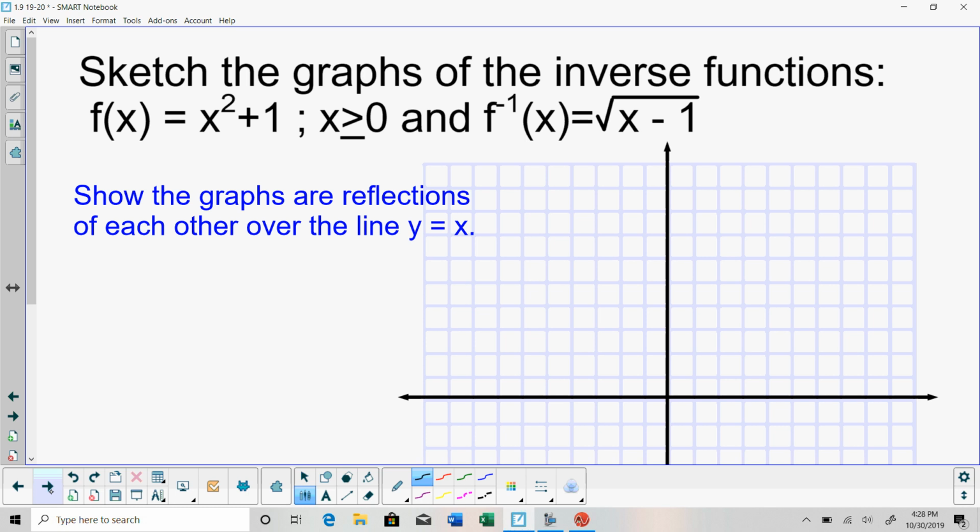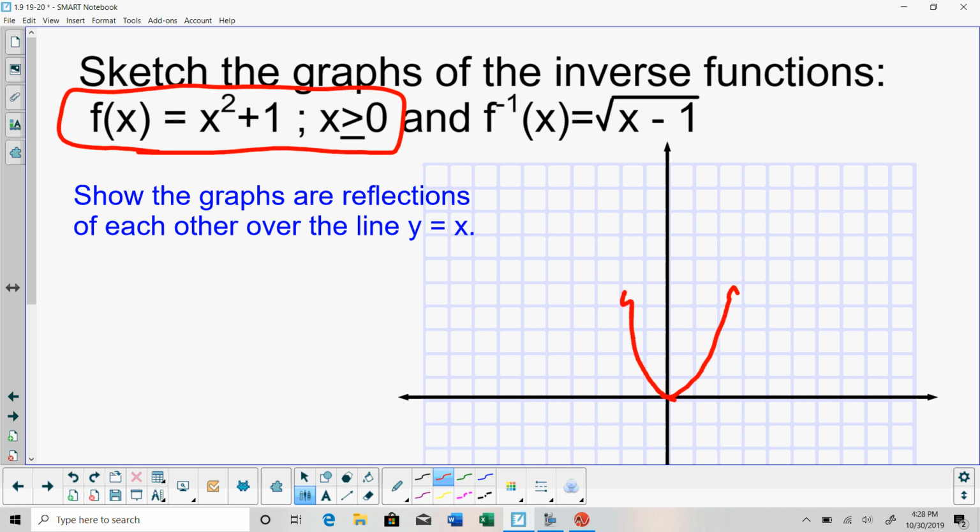So sketch the graphs of the inverse functions. f of x equals x squared plus 1, but this function has an explicitly defined domain: we just want x greater than or equal to 0. If I'm graphing that original function, it's just the x squared function, which you know what that looks like, a parabola shape, but it is shifted up 1 unit.